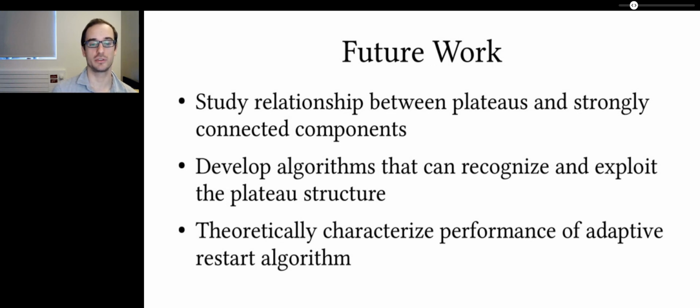The next point is to develop algorithms that can recognize the plateau structure of a search in progress and then adapt the search to take advantage of that. For example, by adjusting the moves that are proposed or adjusting beta the longer a search has been on a plateau. Finally, it would be interesting to theoretically characterize the performance of the adaptive restart algorithm and understand when it does better or worse than the existing Luby algorithm.